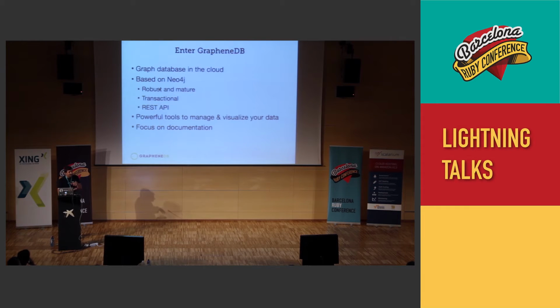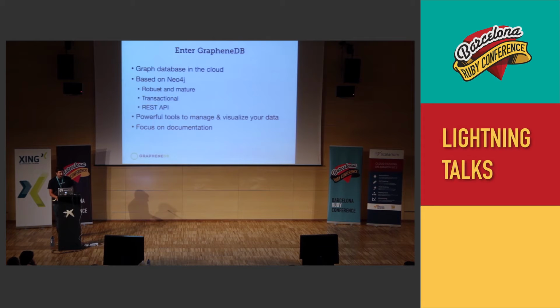We are right now working on a product. It's called GrapheneDB, and it's a graph database in the cloud. It's based on Neo4j, which is a really robust and mature graph database. It's transactional and full ACID for those of you that might be scared of losing data.